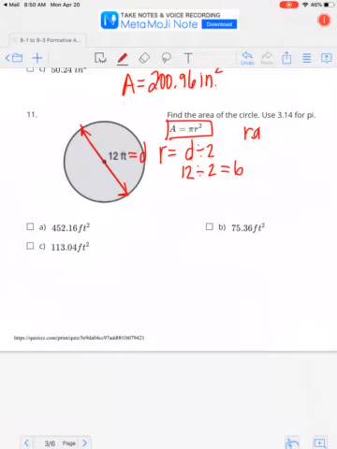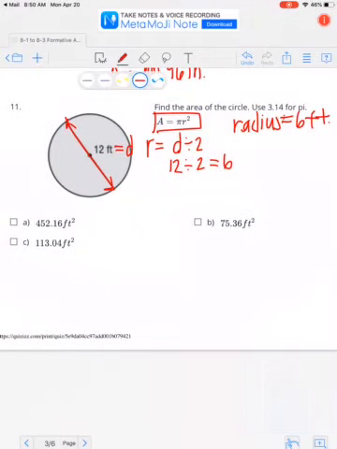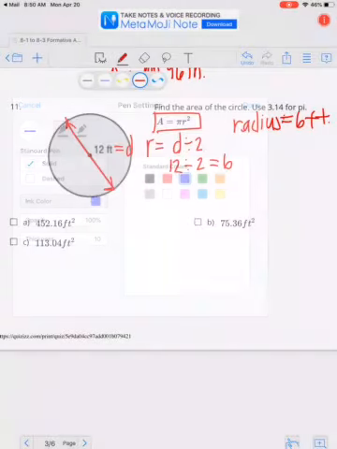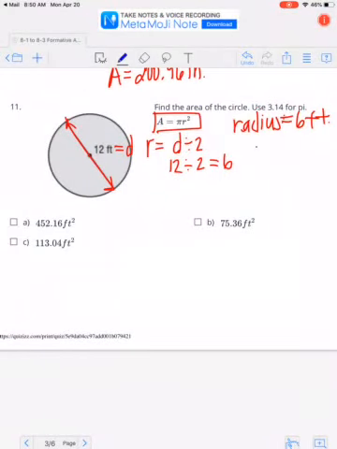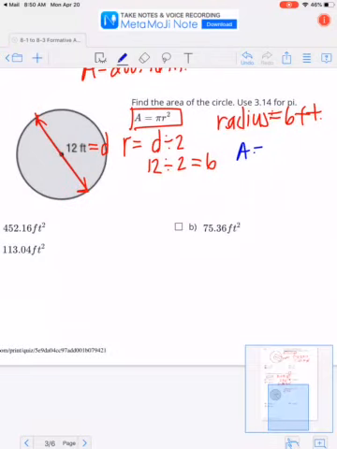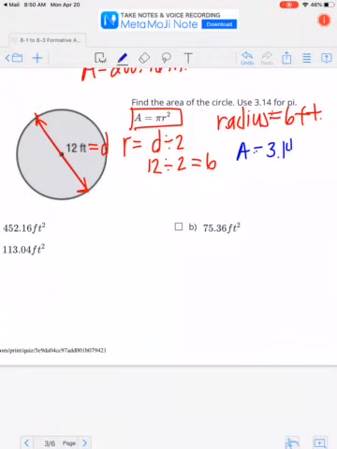So our radius is 6 feet. So from here, I'm going to plug that all into my formula. Let me change my color so we can separate the two. So we have area is equal to 3.14 times the radius, which we remember is 6, and then squared.